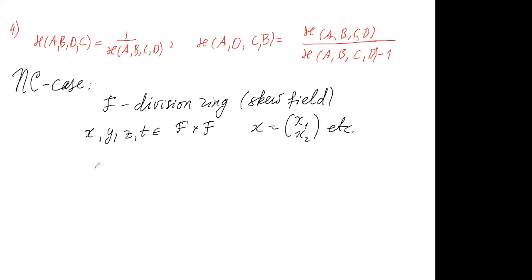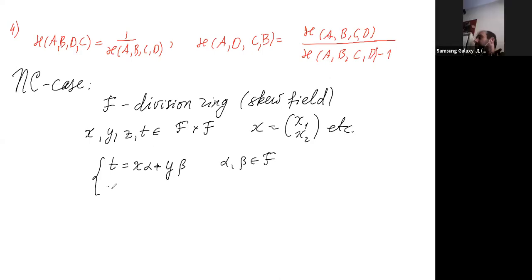Consider the following system of equations. It is very analogous to the one we discussed before. T equals X alpha plus Y beta. Here it is important to write the coefficients on the right. Alpha and beta are coefficients from the field, from the ring. And Z equals X.